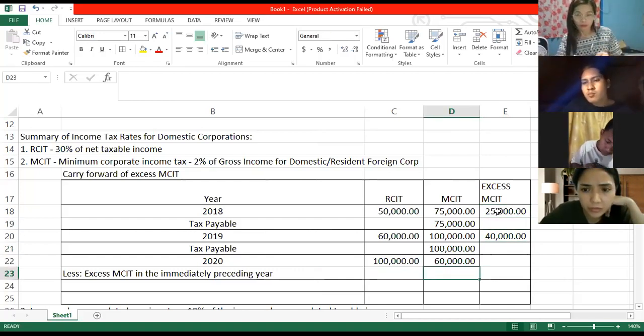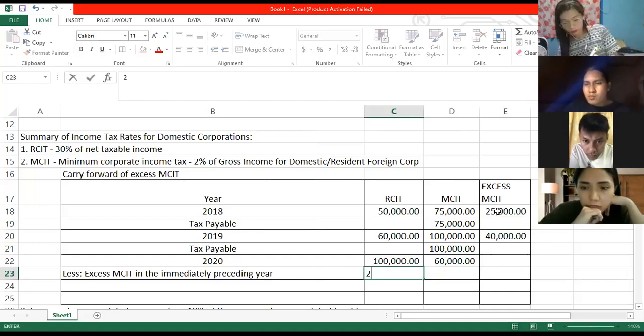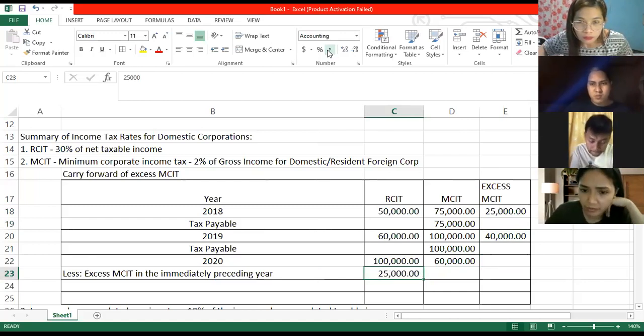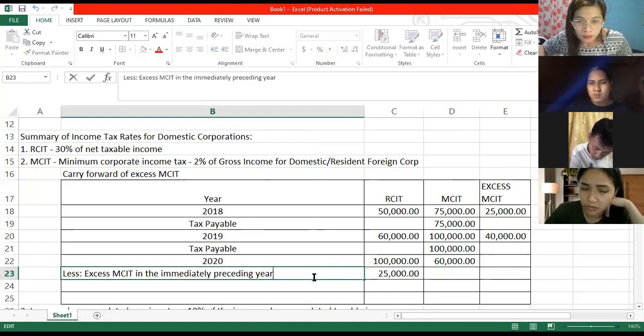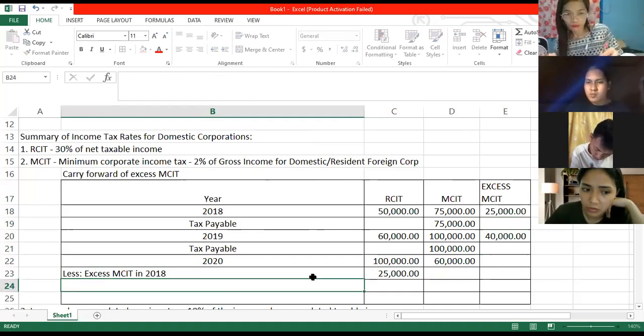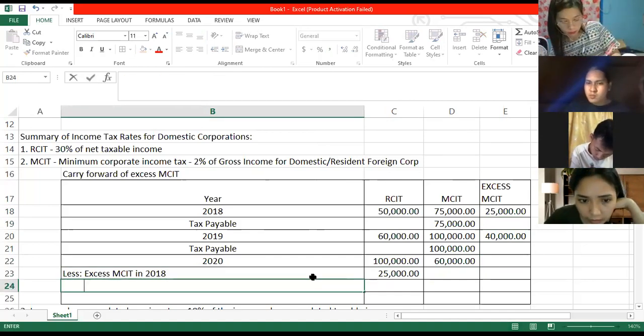So in this case, 2020 pa lang tayo, so i-minus na natin ang 25,000, right? Kasi 2018, o 2 years pa lang. For the 3 immediately succeeding taxable years. So, masasakop pa siya, no? So, minus 25,000, okay? MCIT in 2018, okay? Then, you also deduct the excess MCIT in 2019.